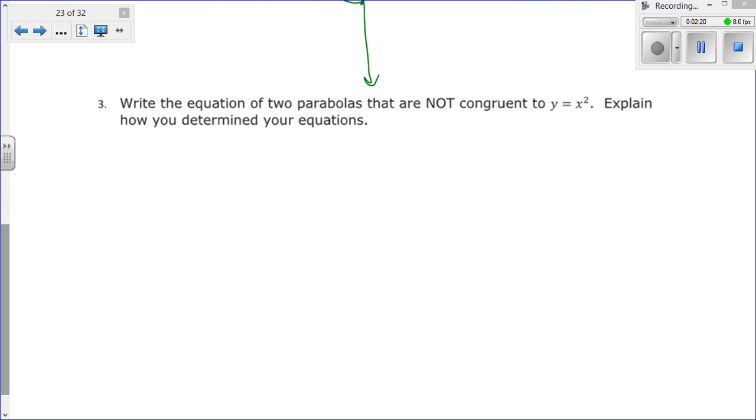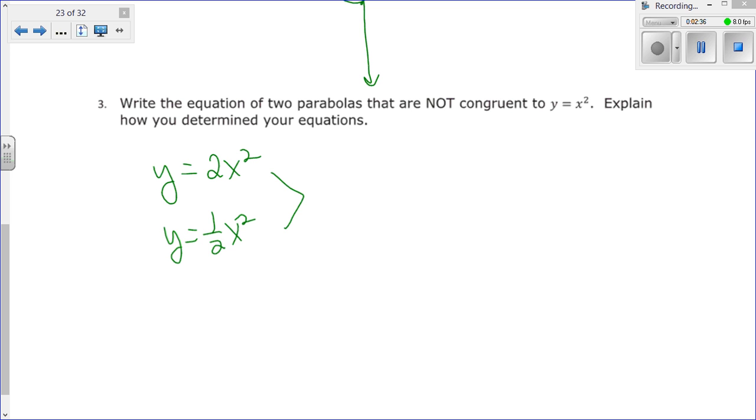Write the equation of two parabolas that are not congruent to y equals x squared. Explain how you determined your equations. Well, y equals 2x squared and y equals 1/2 x squared.